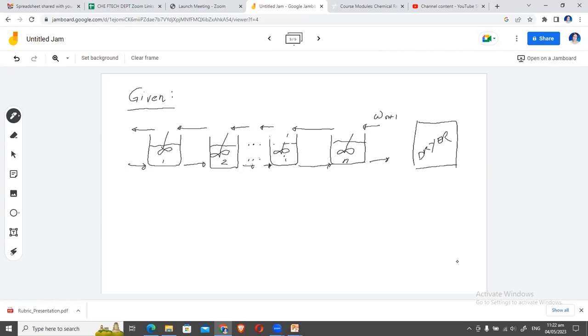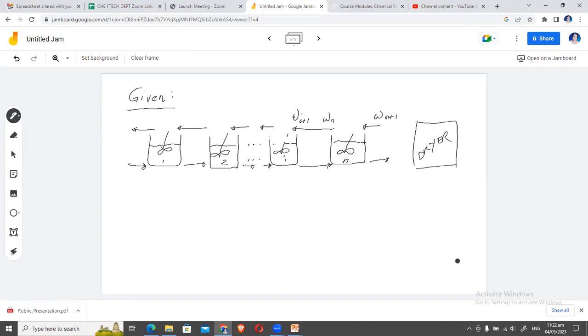So please check your notes there. This is to be interpreted here to be omega n, which is also your omega I plus 1, because it enters your ith thickener.